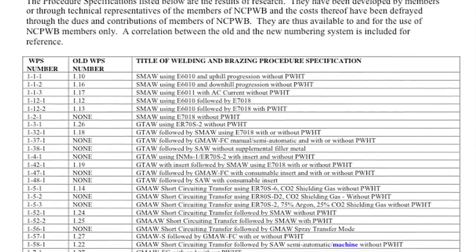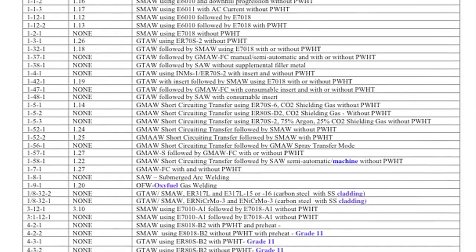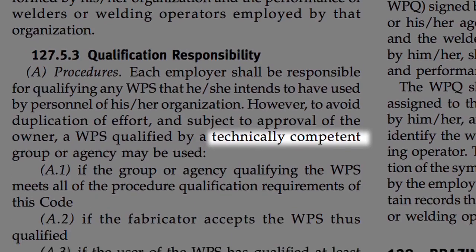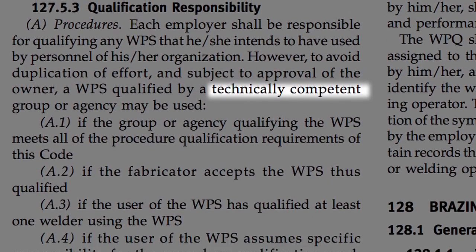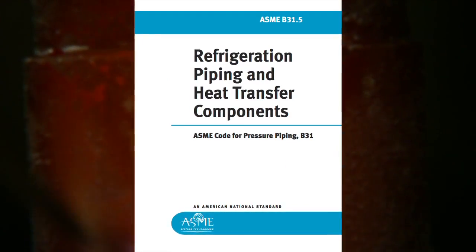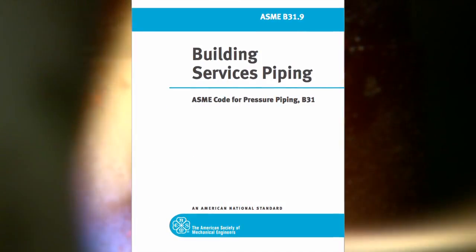NCPWB has over 100 welding and brazing procedure specifications that can be used by all members. This has the benefit that regardless of which NCPWB contractor is awarded the work, the welders and brazers follow the same procedures that they followed on their previous job. The NCPWB is a technically competent organization as described in B31.1, B31.3, B31.5, and B31.9.